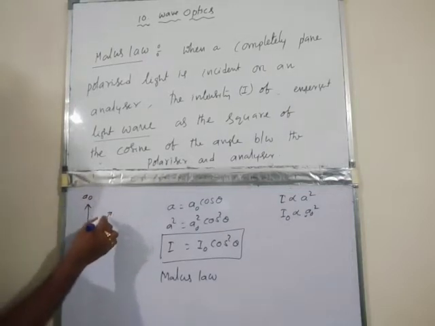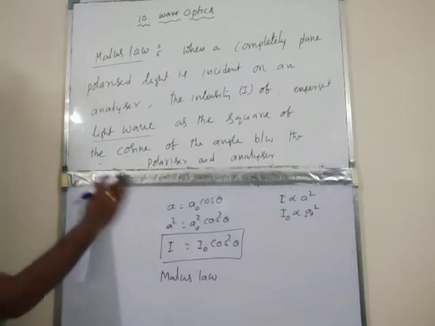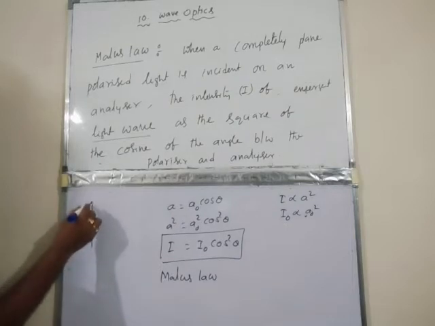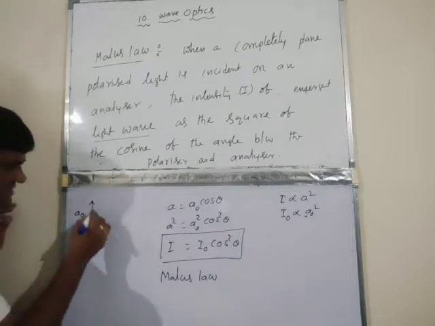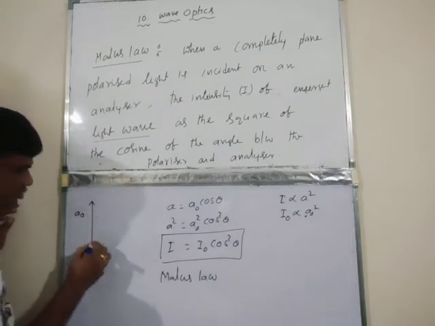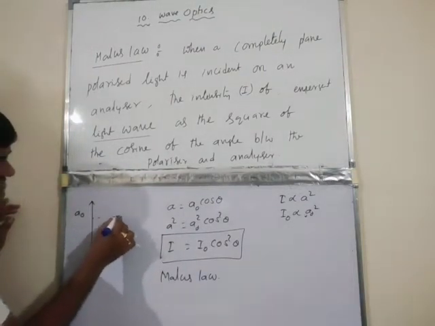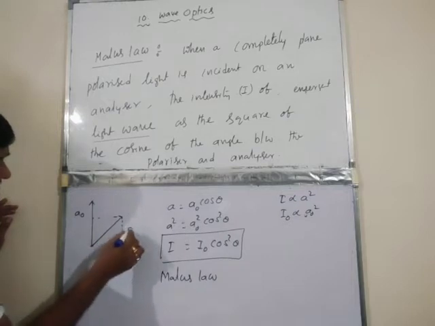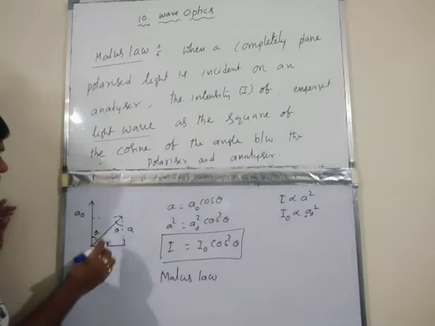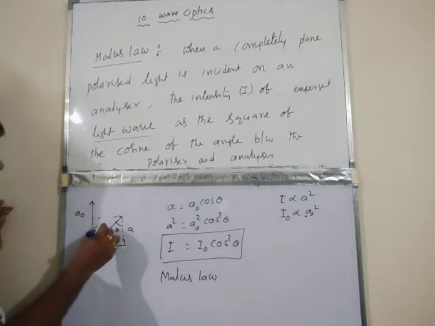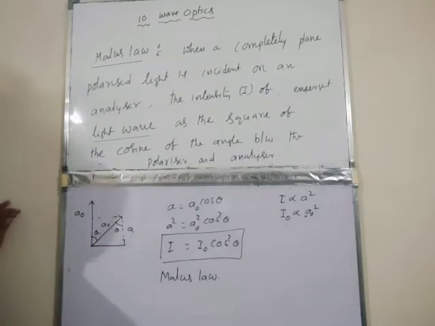Now the light can move in this direction, which means the size should decrease. This is A. This angle is theta, and the intensity is A naught, the general method.